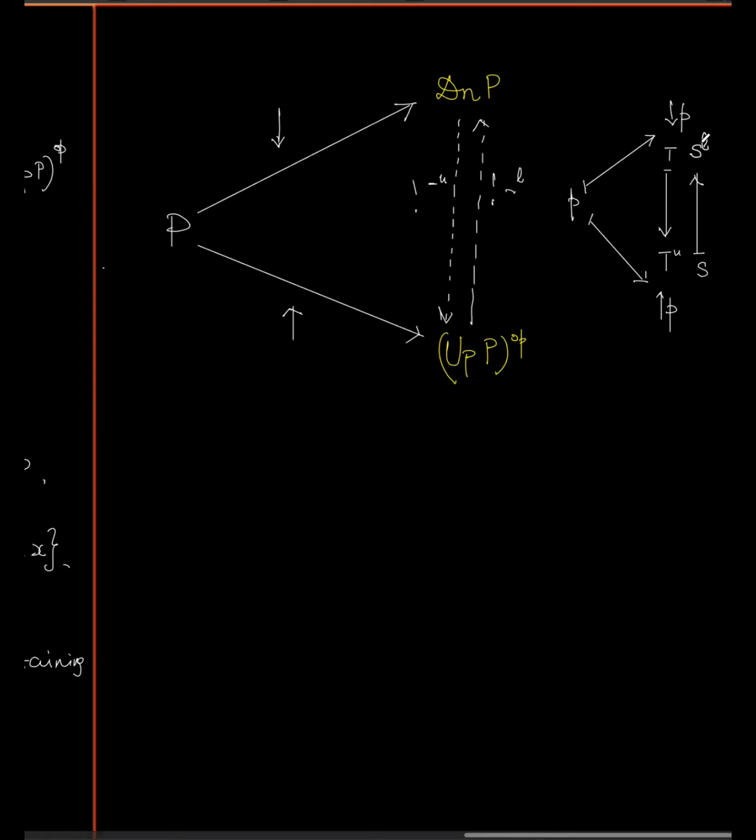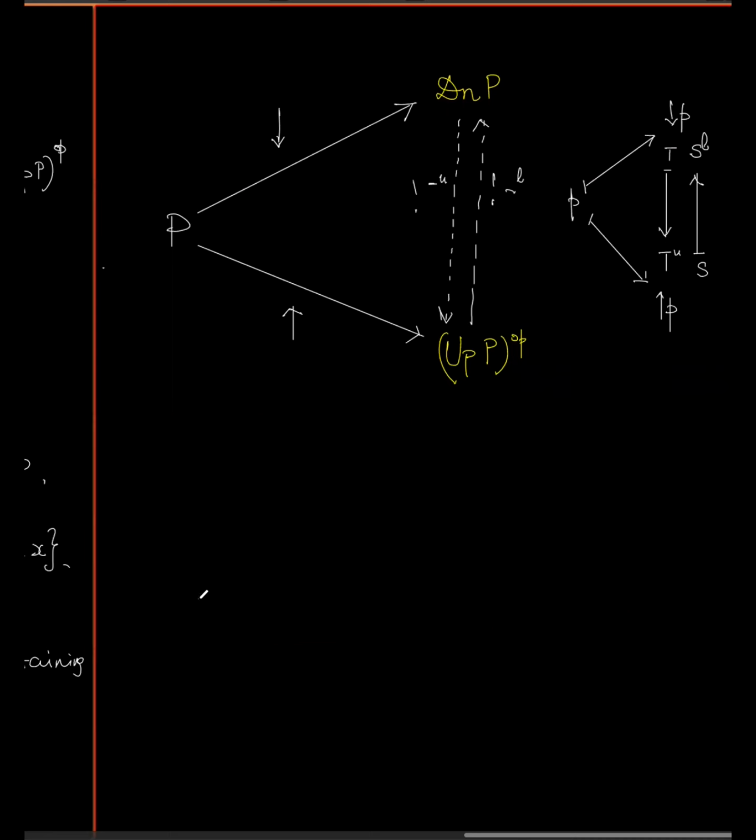So you have this beautiful diagram. One takes a subset to the set of upper bounds of that, and another takes a subset to the set of lower bounds. So let's try and figure out.